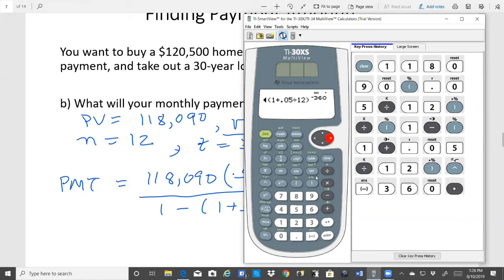And we need to end that with a right parenthesis and hit enter.